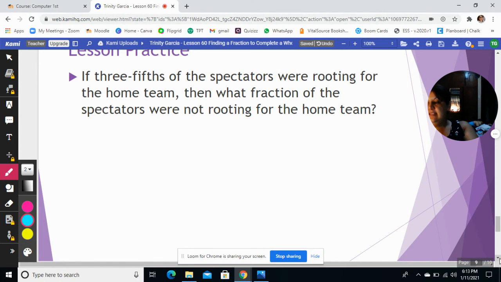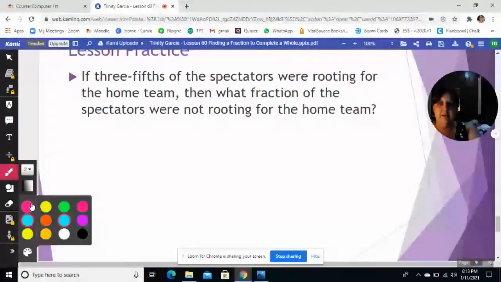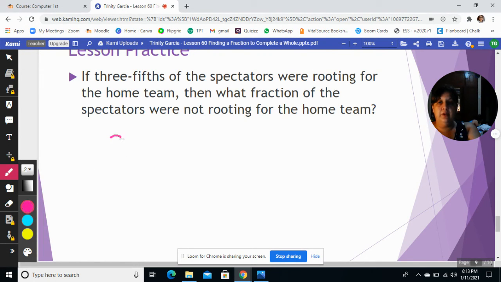Lesson practice C. If 3/5 of the spectators were rooting for the home team, then what fraction of the spectators were not rooting for the home team? Boo, hiss, boo, hiss. All right. Well, again, we know that 3/5. Okay, so we know we're dealing with the 5 on the bottom. And we know we're adding here to get a whole.